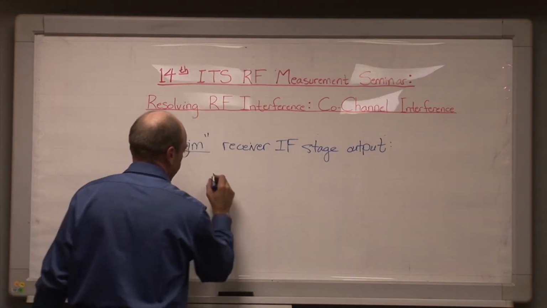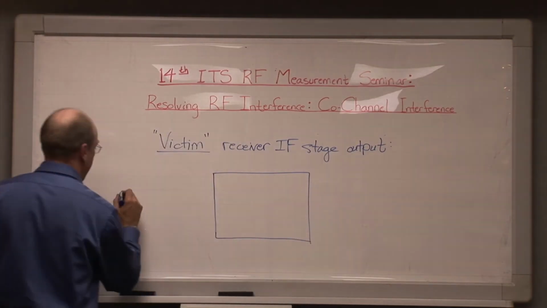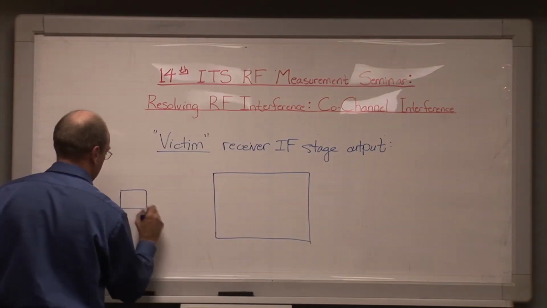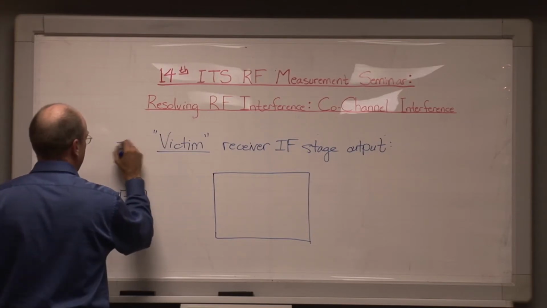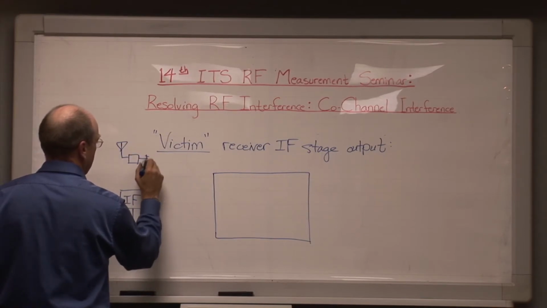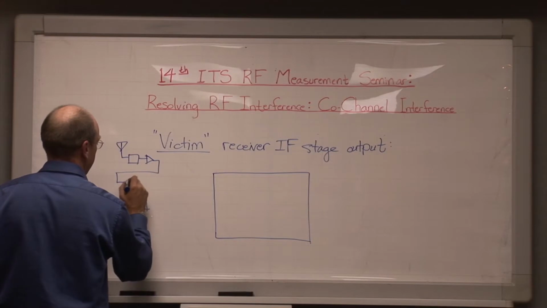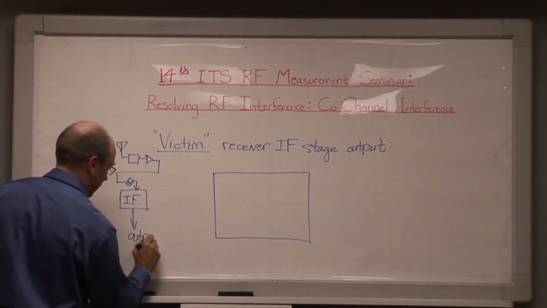Now, here's its IF stage, like so, which goes from the antenna through the bandpass filter, the low noise amplifier, through some mixing stages and so forth, and then finally through an output.